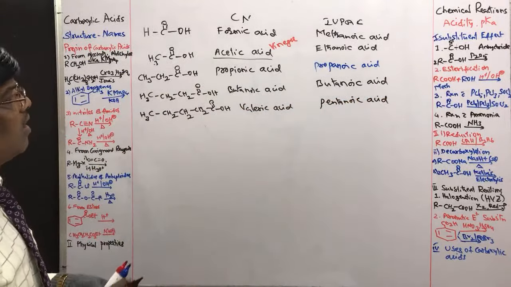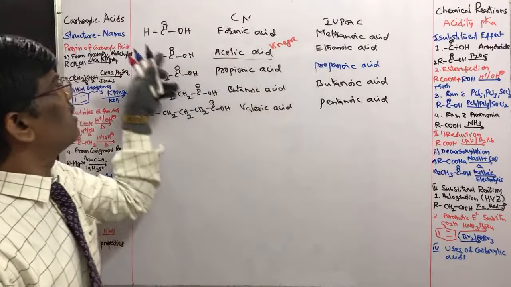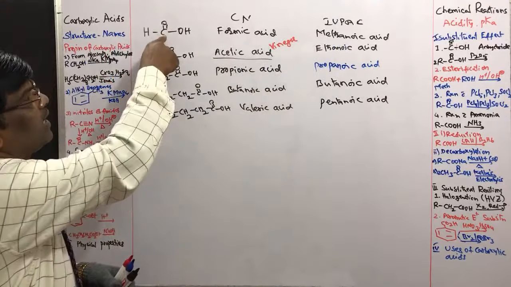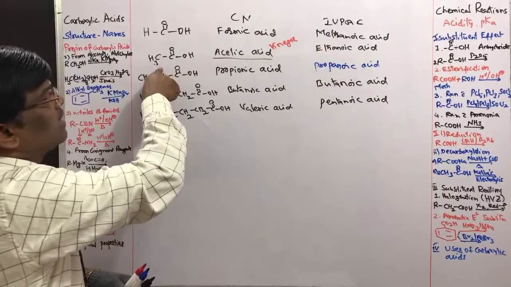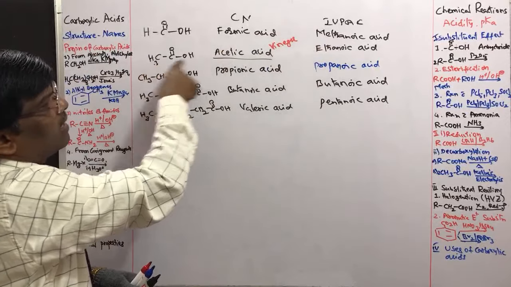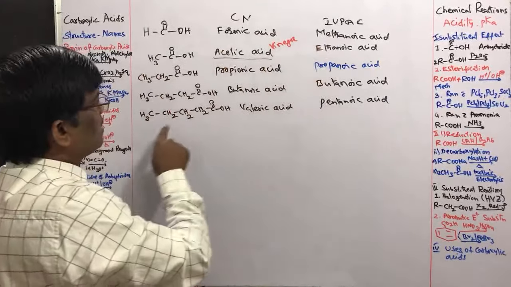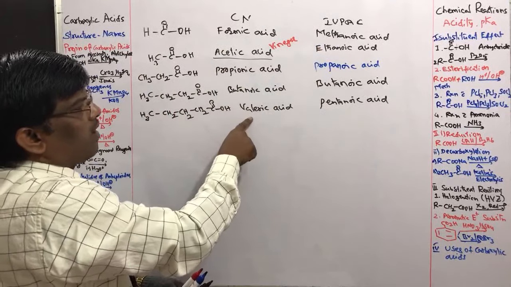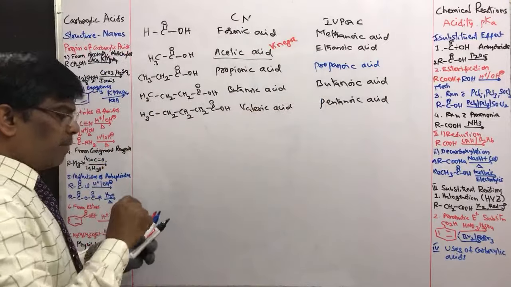So these are carboxylic acids, and the names are given based on the alkane chain. If it is one carbon, methane, methanoic acid; ethane, ethanoic acid; propane, propanoic acid; butane, butanoic acid; and pentane, valeric acid as the common name and pentanoic acid as the IUPAC name.